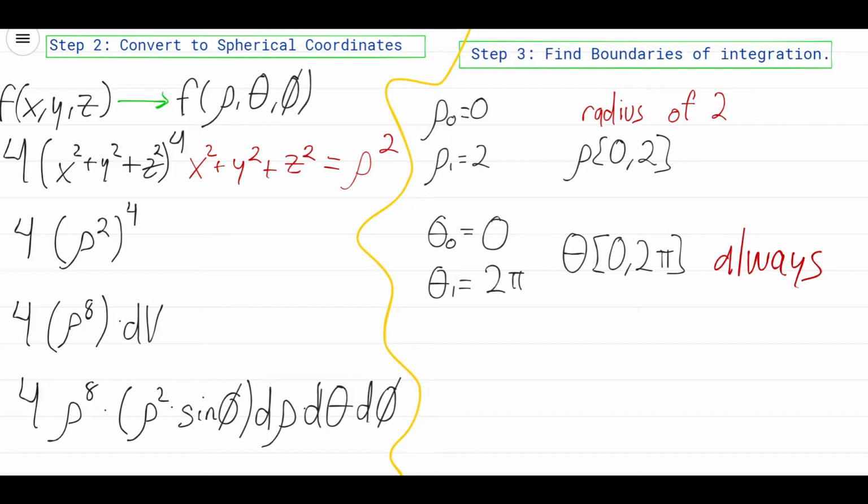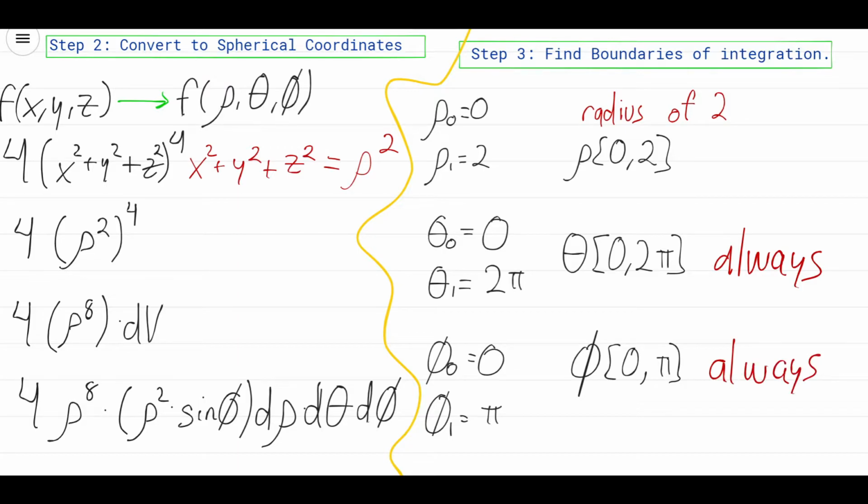And now for phi, the lower limit is 0, but the upper limit is actually just pi. It's not 2 pi. Why? This is always the case. But why is it not 2 pi and why is it pi?